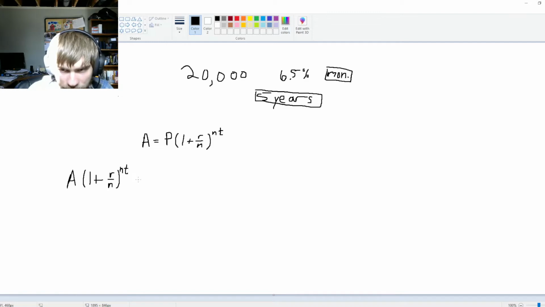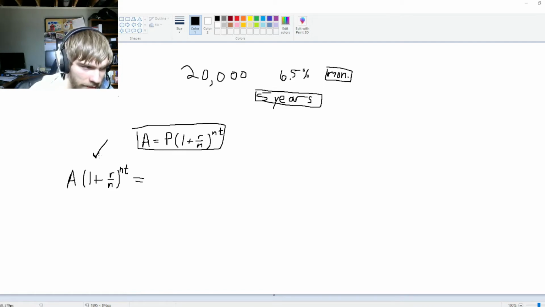And this is the left side of our equation. In this version of the equation, the A and P are interchangeable. I've seen A and P on both sides. As long as you know which is which, it's fine.